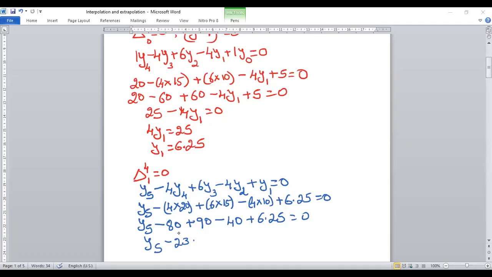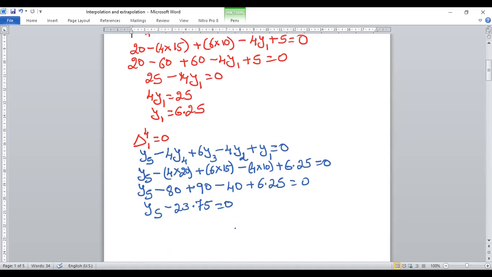So we will get the value y5 minus 23.75 is equal to 0. Then the value of y5, that is y5 is equal to 23.75. One is the interpolated value, that is y1 is equal to 6.25, and y5 is equal to 23.75. So this is the interpolation and extrapolation for two missing values.